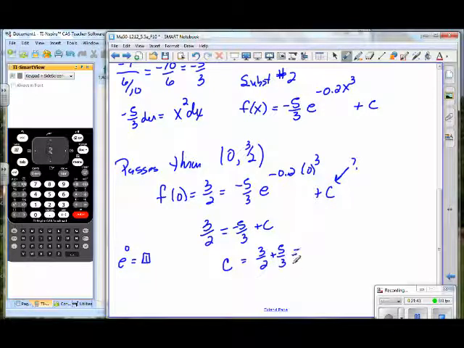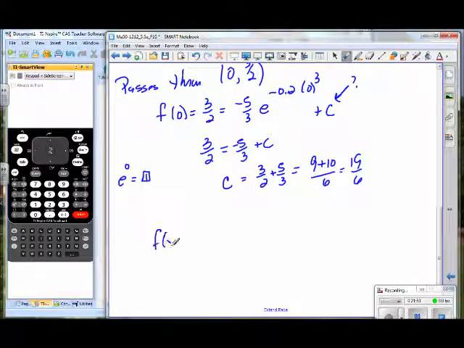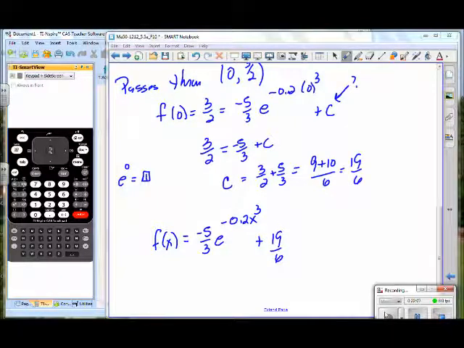We can change this into 6ths, and we end up with 9 plus 10 sixths, or 19 sixths. So what is the specific function? Well, the specific one would be negative 5/3 e to the negative 2/10 x cubed plus 19/6.